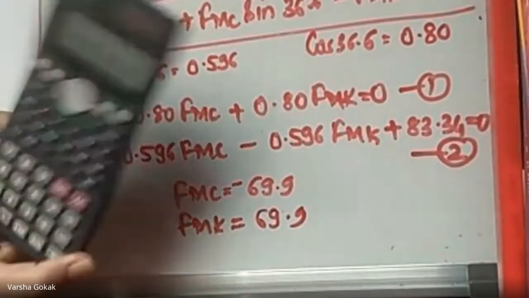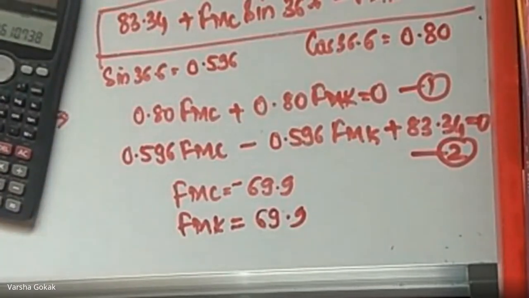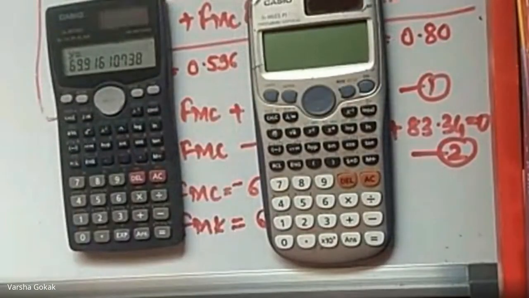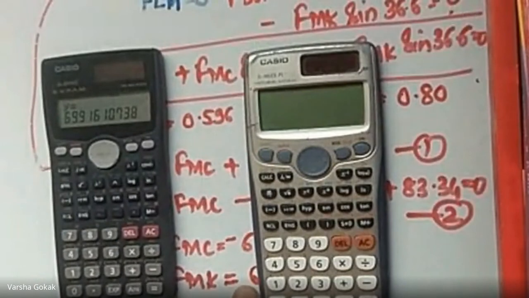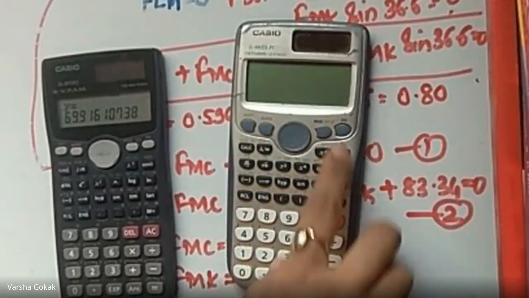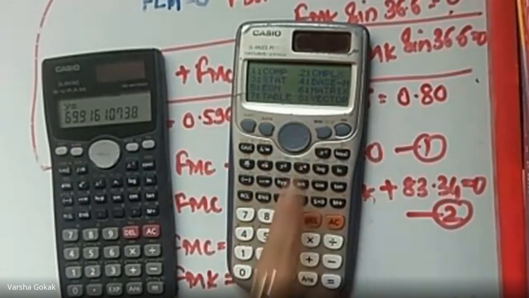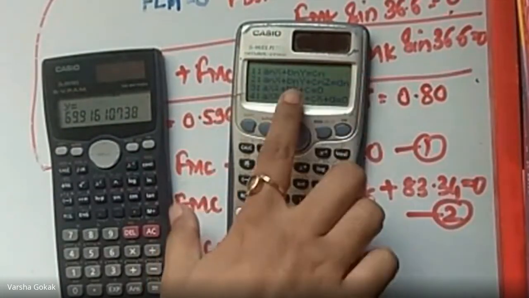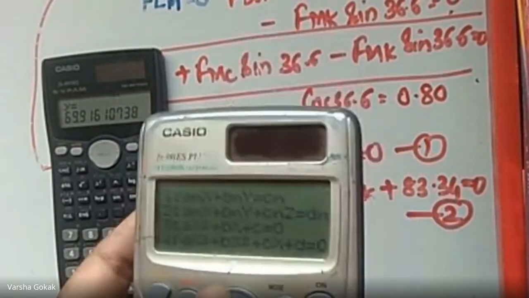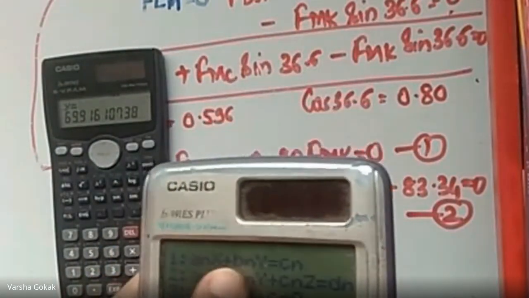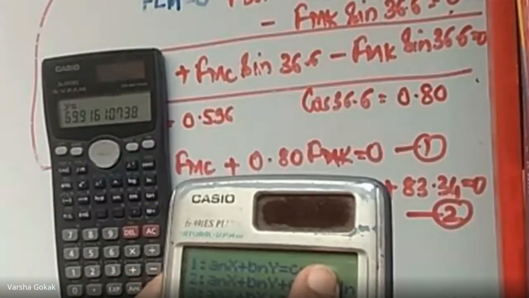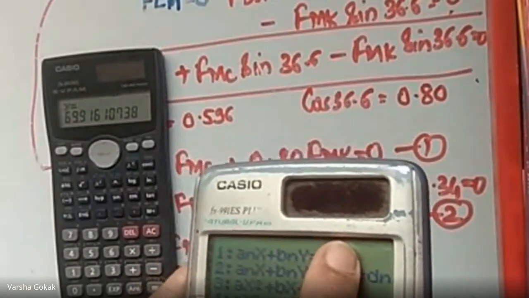Now, there are two calculators. I'll show you my other calculator. You should be very careful with these calculators, okay? I have both the calculators. Now, in this silver fellow, when I say mode and equation, it gives me what type of equation. Here it is taking AX plus BY equal to C. That is your first equation.